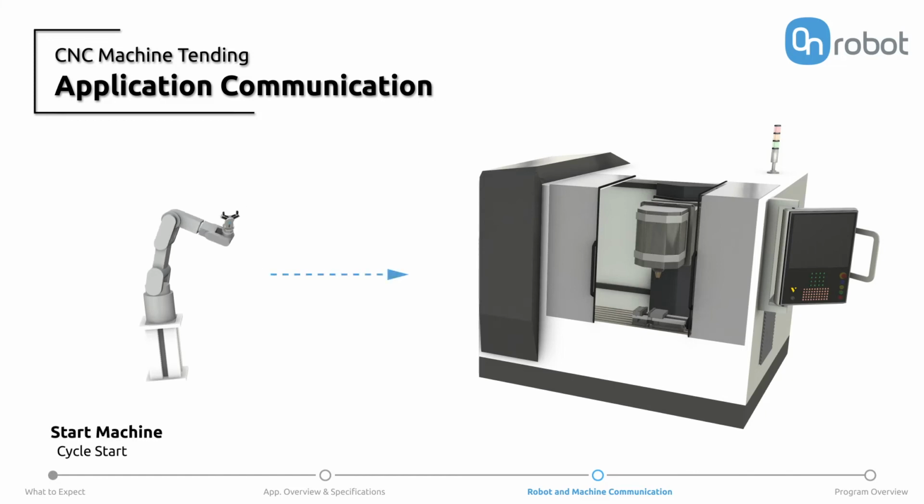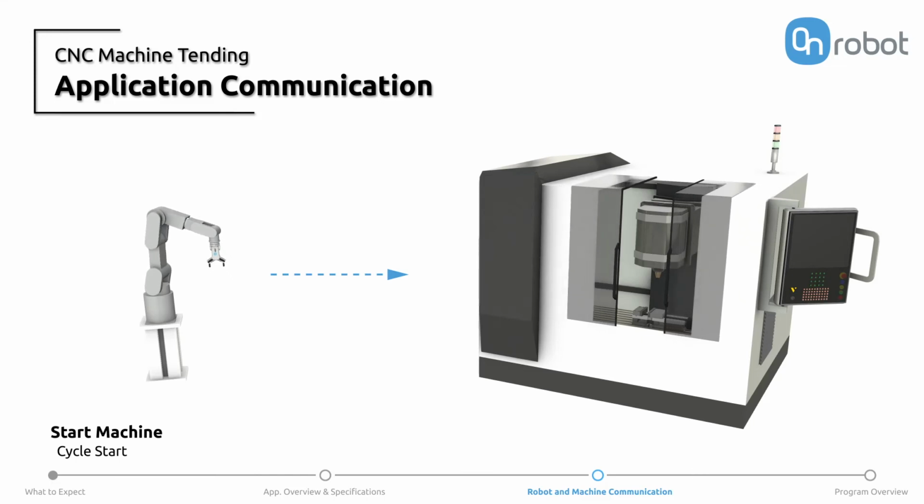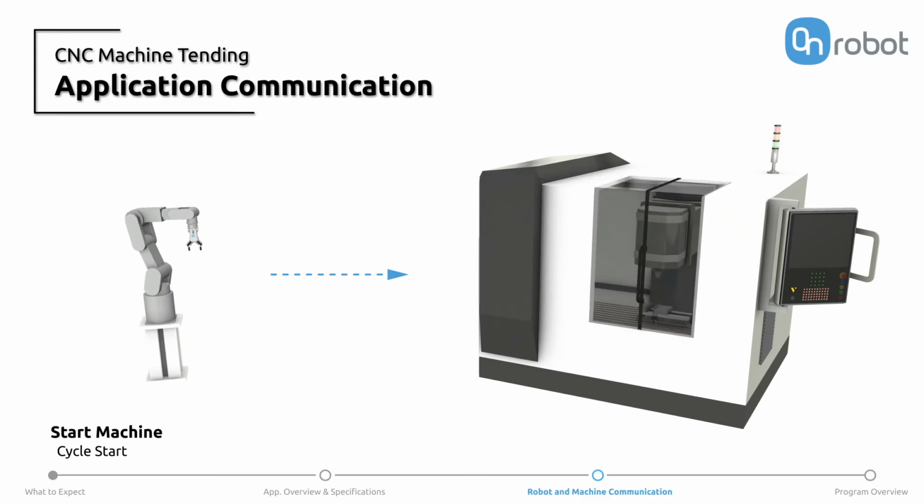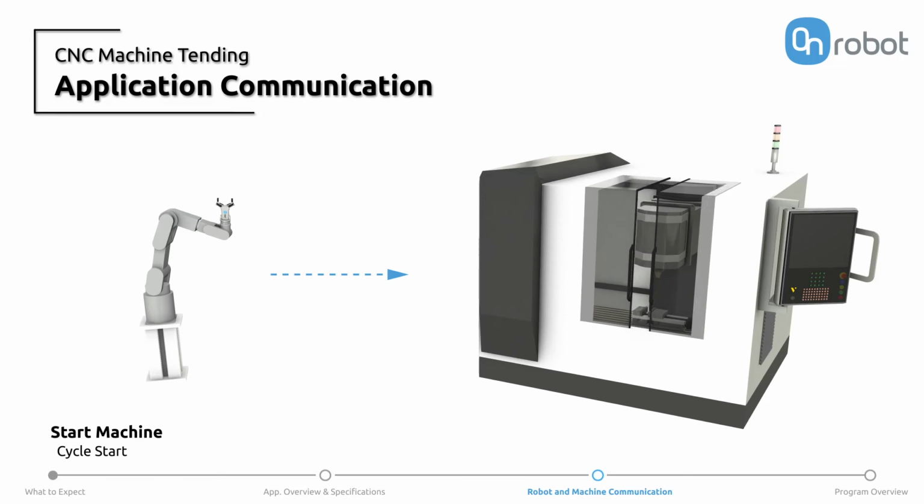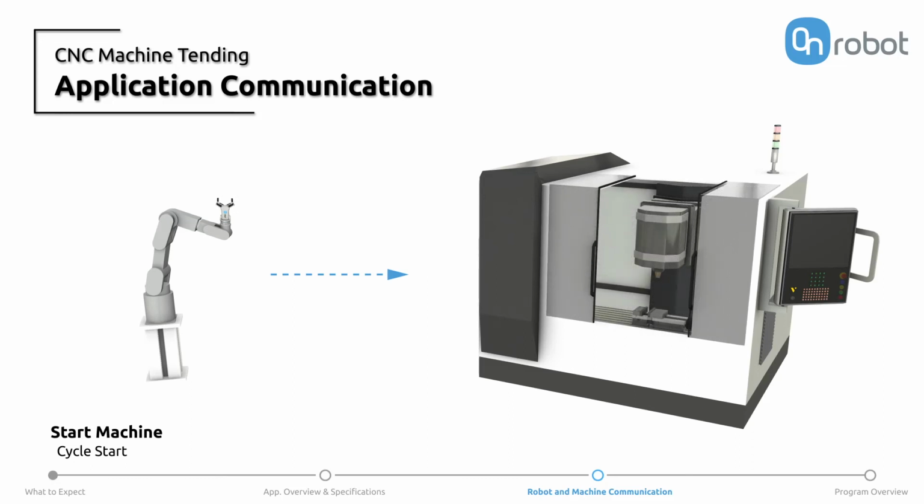When the robot finishes loading and moves outside the CNC, it needs to tell the machine to start the process. There are usually 3 common strategies for doing that. The first one is for the robot to press the cycle start push button on the CNC's control panel. The second option is to connect a robot signal to a machine's input.